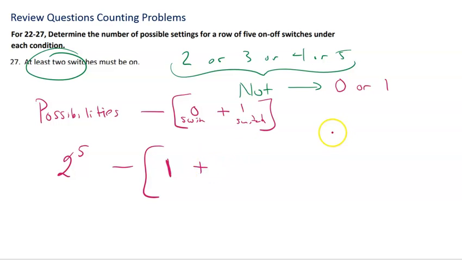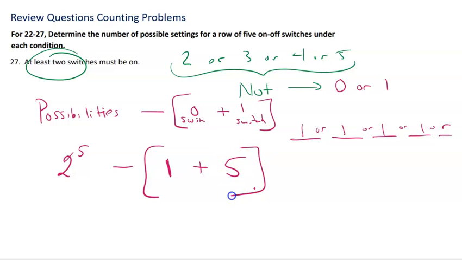Now, if 1 switch is on, think about your 5 possibilities. It could be this one, or this one, or this one, or this one, or this one. That's actually 5 different options where just 1 is on. If I make that more clear, maybe I should. Those 5 possibilities are 1, 0, 0, 0, 0, 0, 1, 0, 0, 0, and so on, down to 0, 0, 0, 0, 1.